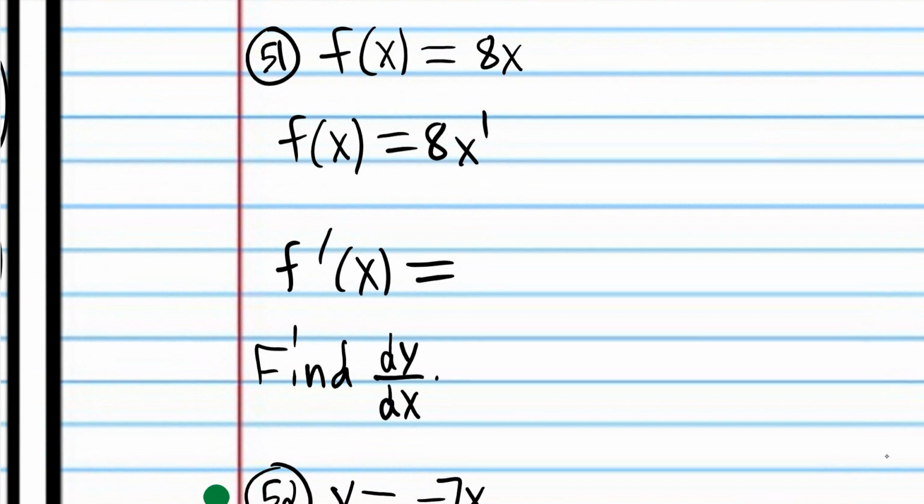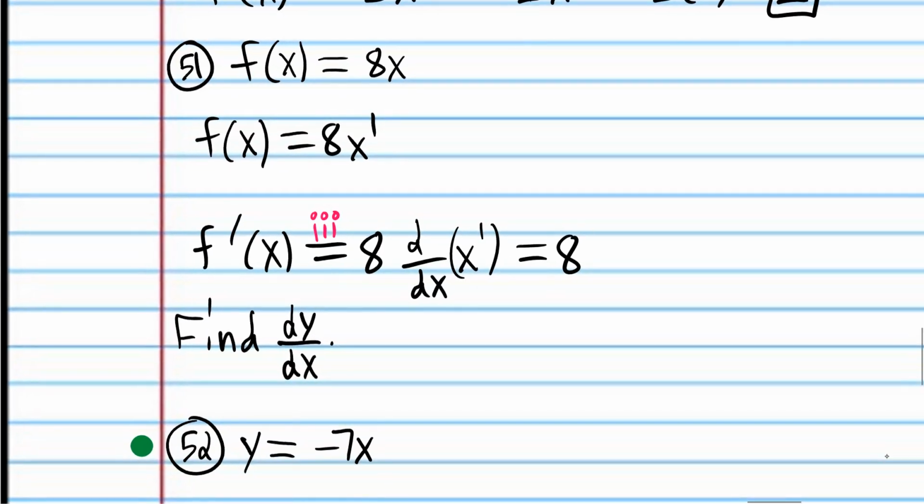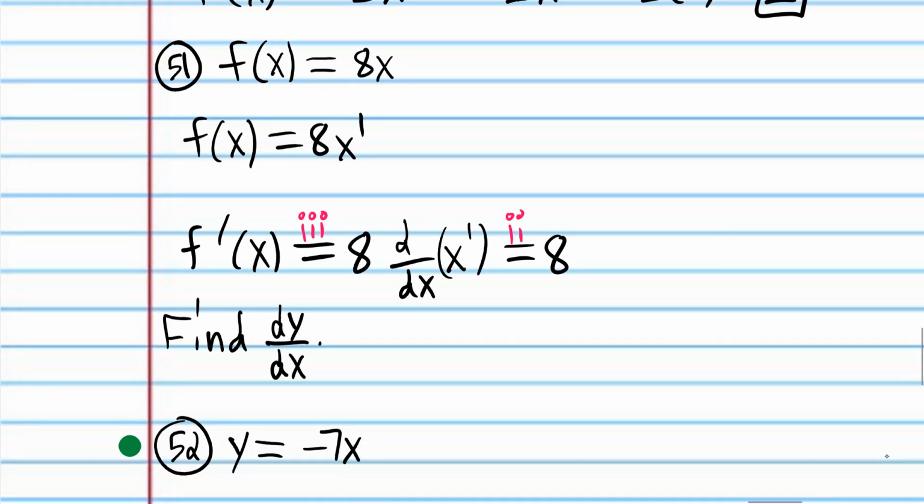So we're going to use the constant multiple rule, which tells us the derivative of a constant times a function is equal to the constant times the derivative of whatever the function is. Now we're going to use the power rule, differentiation formula number 2.